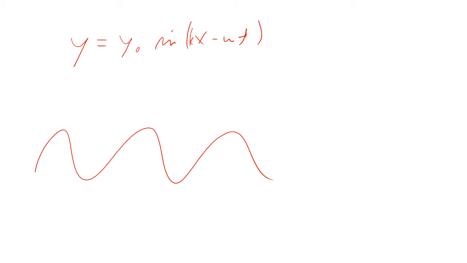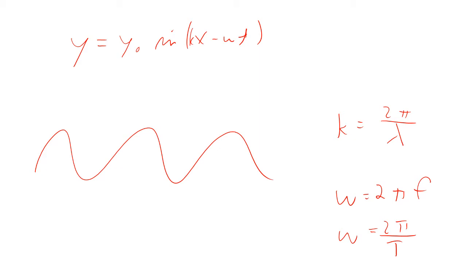We said that k was related to the wavelength: k was 2 pi divided by the wavelength. Omega was 2 pi times the frequency, which is the same as 2 pi over the period, since frequency is 1 over period. There's a relationship between period and wavelength.